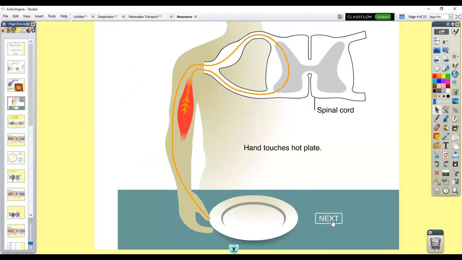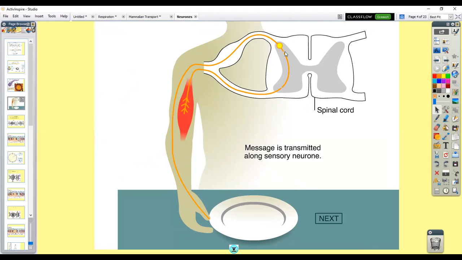Okay, and in terms of how that all gets put together, you can see here we've got a hot plate. When you touch the hot plate, that's picked up by receptors in your skin. They will send a message along the sensory neuron, which travels into, in this case, the spinal cord, or your central nervous system.